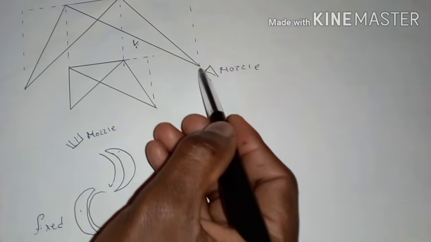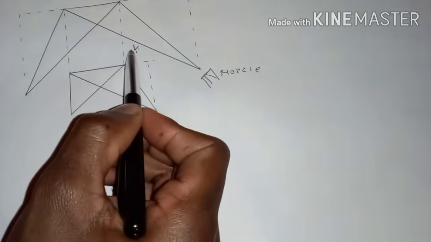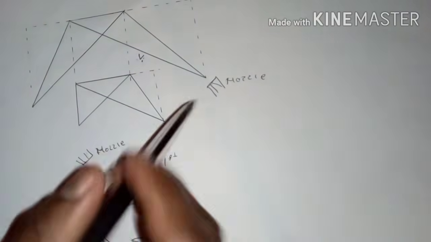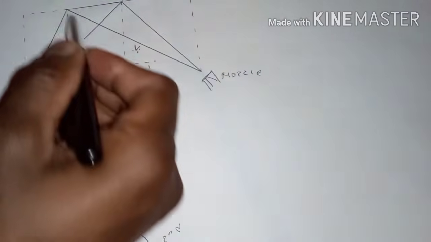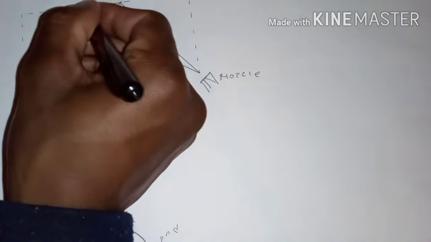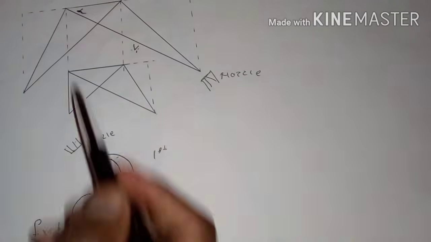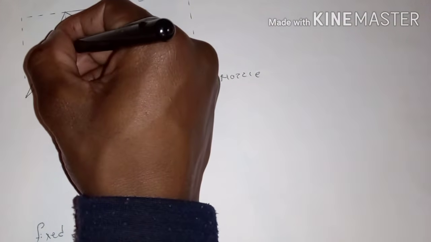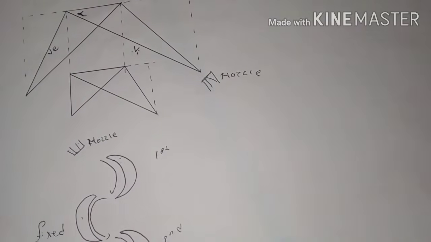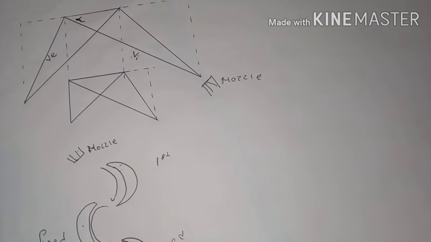The steam is entering the first stage at velocity V initial, or the inlet velocity. This is the angle of the nozzle, and then it will glide through and leave the blade at velocity V exit, which is the exit velocity.